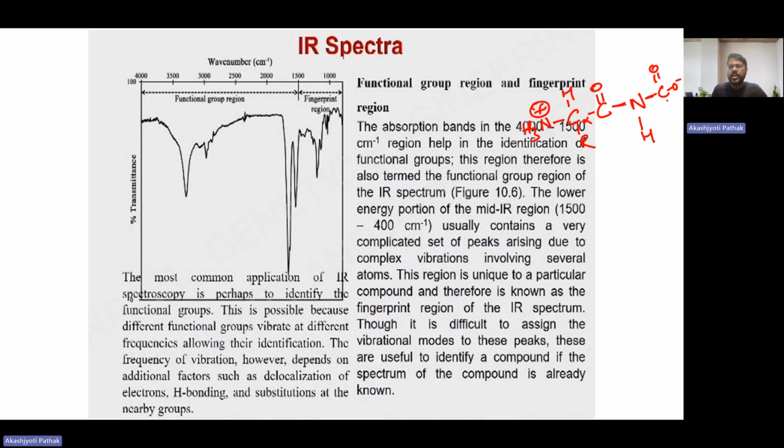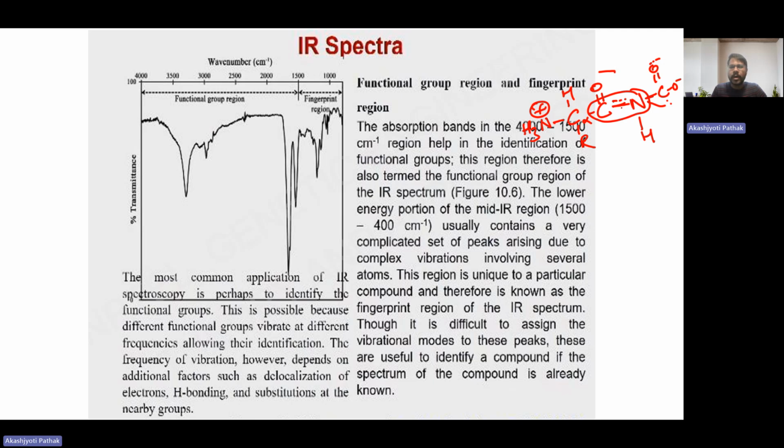So what you can see over here is that there are different bonds present. You do not need to consider these other groups, just consider the peptide bond. The peptide bond is composed of this carbonyl group and this CN bond.